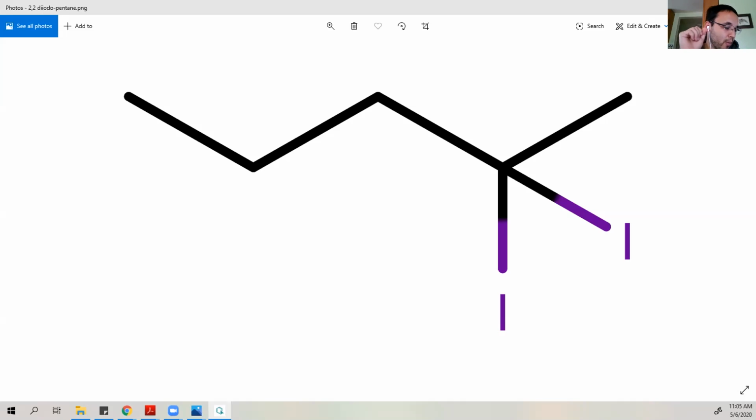The di means that there's two of them. It doesn't necessarily mean that both of them are on the same one, in the same way that dibromo doesn't mean that both of those bromines are on the same carbon. I get what you're saying, but you actually have to put the 2,2-diiodo. Okay. Yeah. All right.